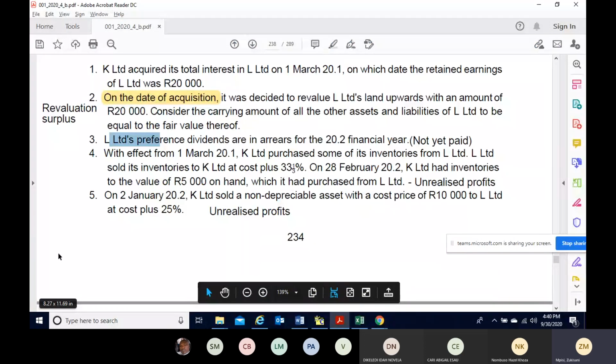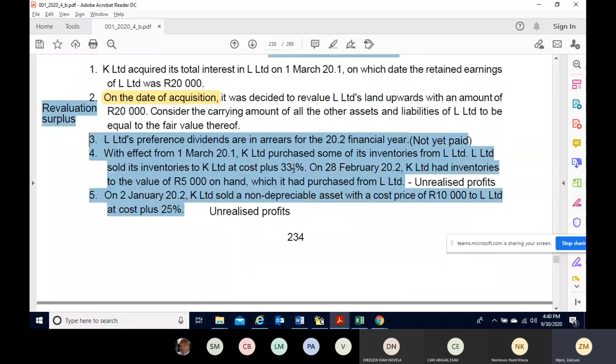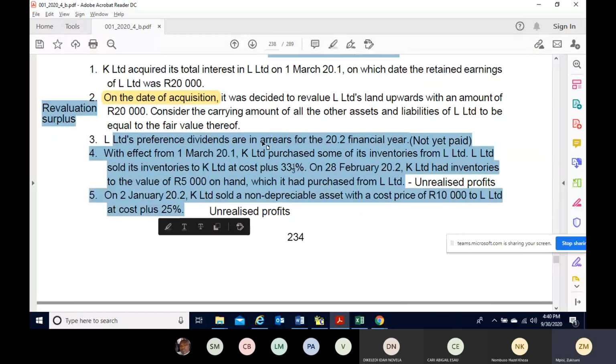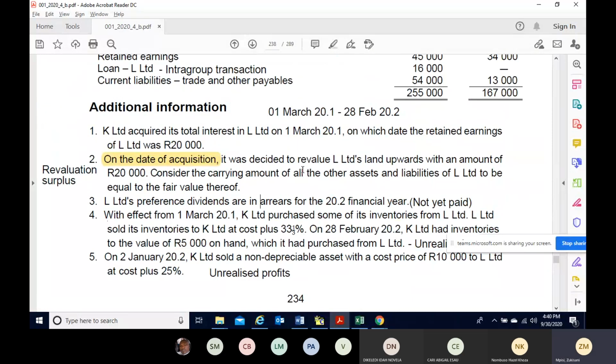So now we are told that LLTD's preference dividends are in arrears. I've already told you what this means. It means they have not yet been paid, that these preference shares have not been paid.